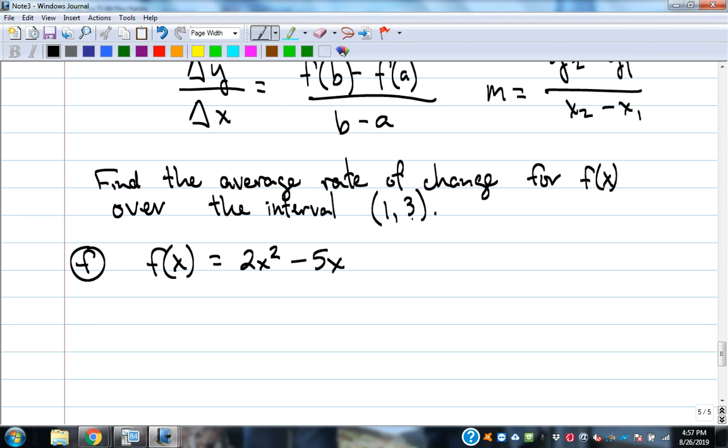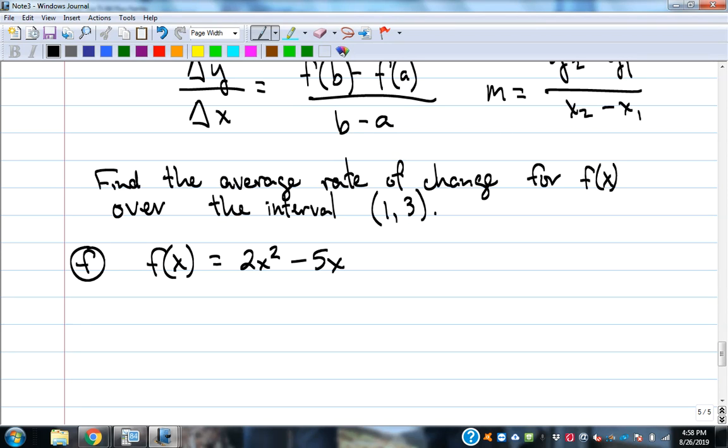When we talked about intervals, we used intervals to do our intervals of increase and decrease. What kind of values did we use in those? What kind of values did we use when we were looking for the domain?